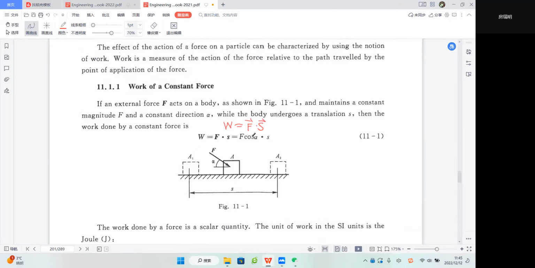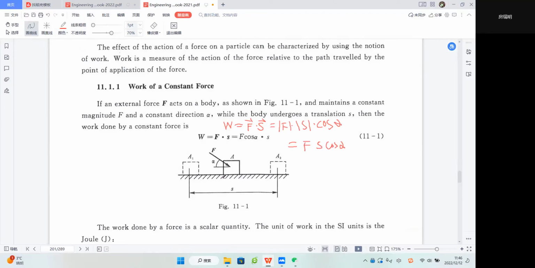When we calculate the dot product of two vectors, the magnitude will be the norm of F and the norm of S times cosine of the intercept angle, which will be alpha. So that is F S cosine alpha.